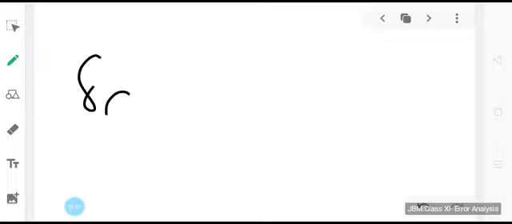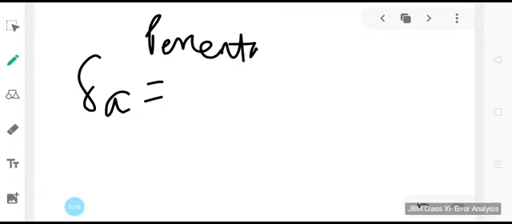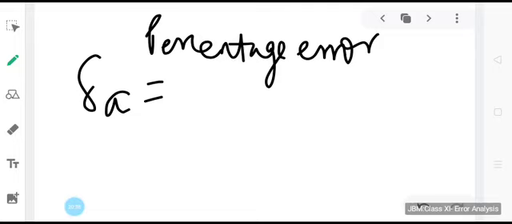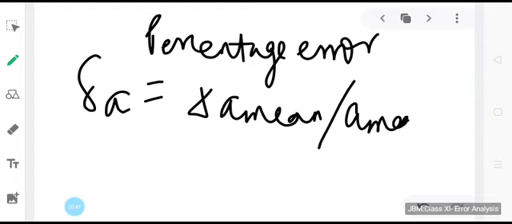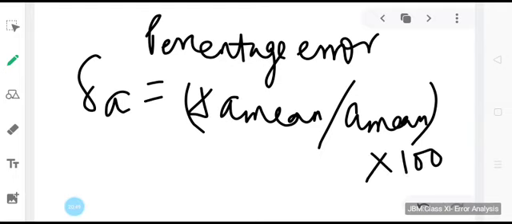So we may write down the percentage error as delta A mean divided by A mean into 100. Okay, so in this manner we can find out the absolute error, relative error and percentage error.